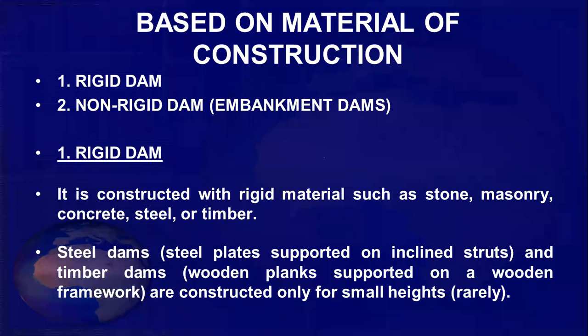Then based on the material of construction, you may classify it into two basic types, that is the rigid dam and non-rigid dam. So rigid dam is made up of stone, masonry, then concrete, steel or timber, that is the rigid material is used.